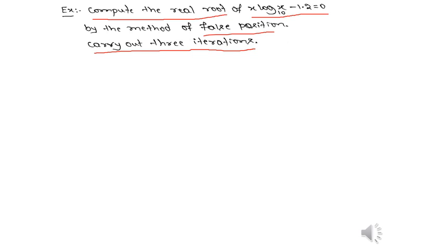Then stop. So what is our f of x from this equation? This LHS is our f of x. Even if they give this minus 1.2 to the RHS, we have to take it back to the LHS and make our RHS equal to 0.